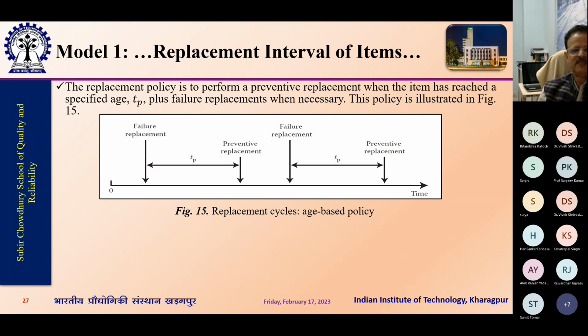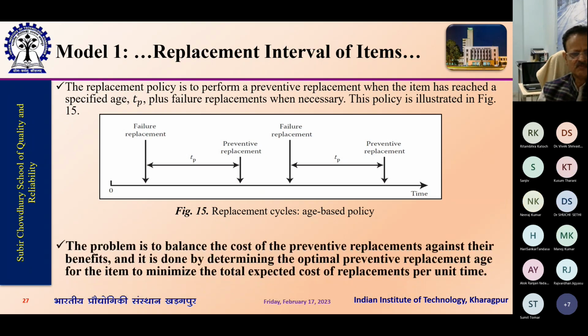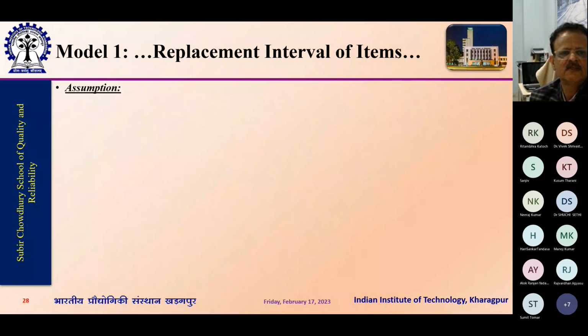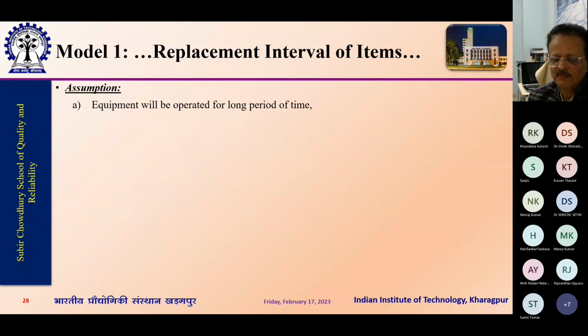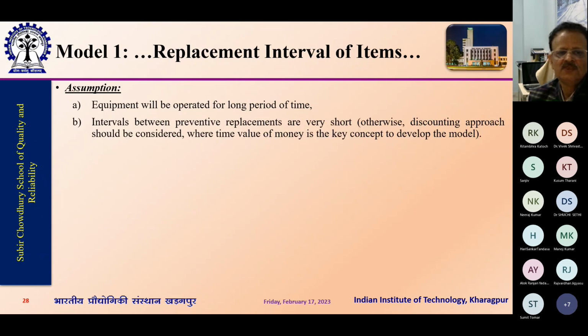So again, a similar figure. Balance the cost of preventive replacement against their benefits. The assumption is that the equipment will be operated for a long period of time. As I said, we are trying to find the optimal solution per unit cycle or per unit time. Intervals between preventive replacements are very short.